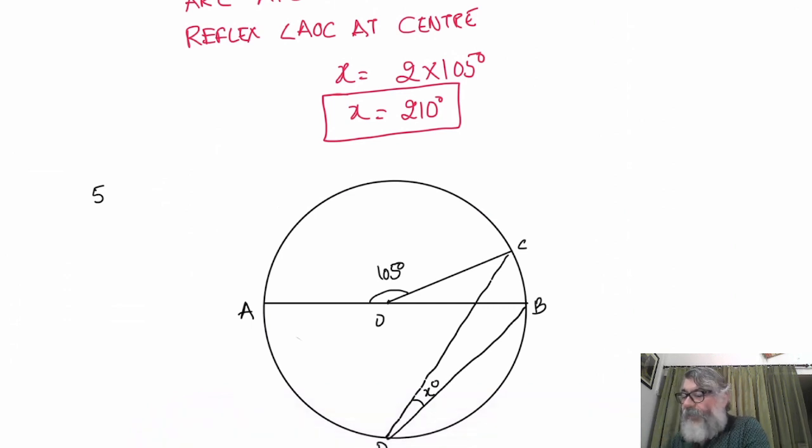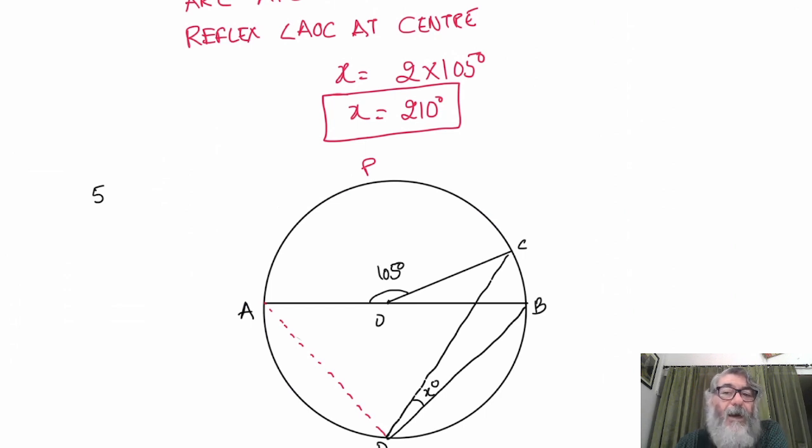One method I'm showing by construction. What I'm going to do is I'm joining A to D. Now please see, and I will name this point P again. Just notice that arc APC is making an angle AOC at the center, which is given as 105.